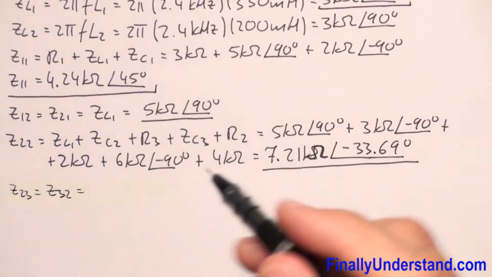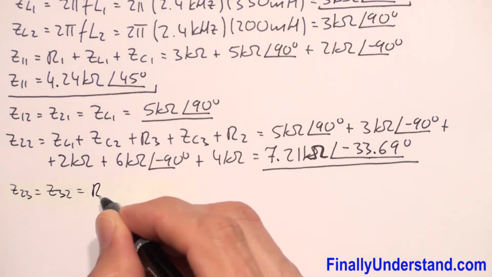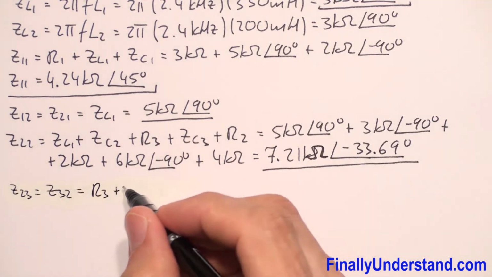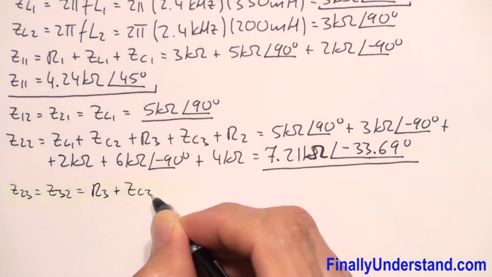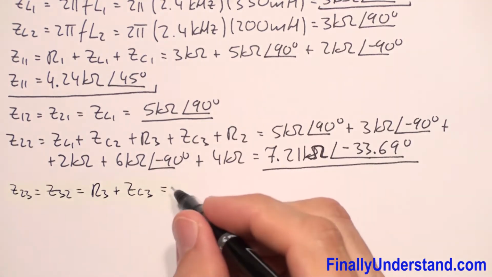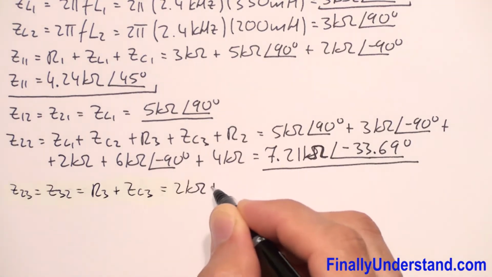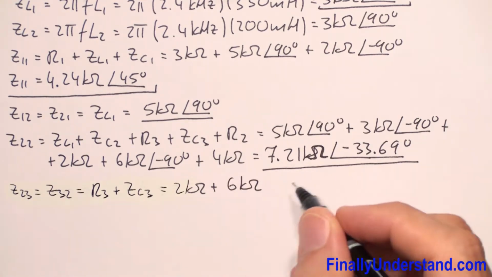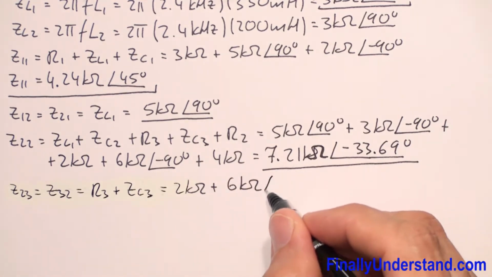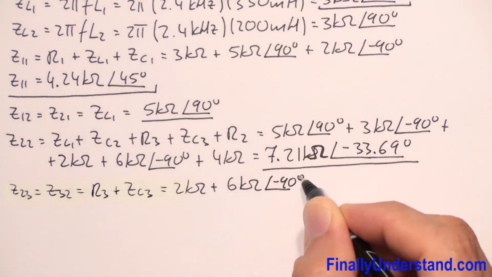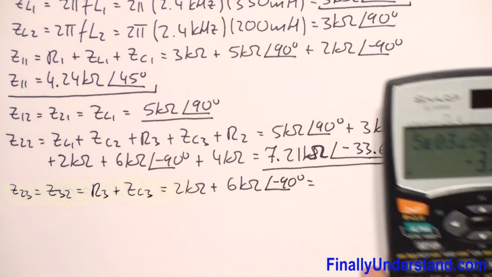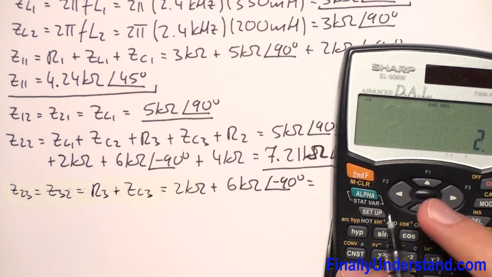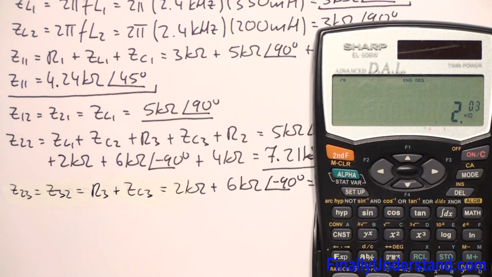So this is R3 plus ZC3, where R3 is equal to 2 kilo ohms plus ZC3, 6 kilo ohms and angle of negative 90 degrees. So I have 2 exponent 3 plus 6 exponent 3 and angle of negative 90.